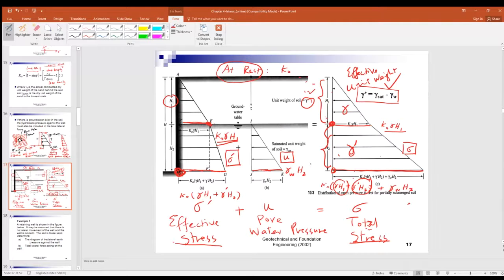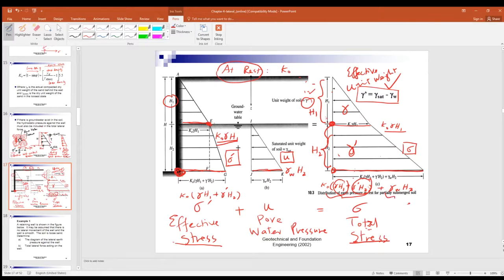The lower part is H2, that's H1, that's H2. So the effective stress is equal to gamma dash times H2 plus gamma H1. Now that gives you the effective stress only.